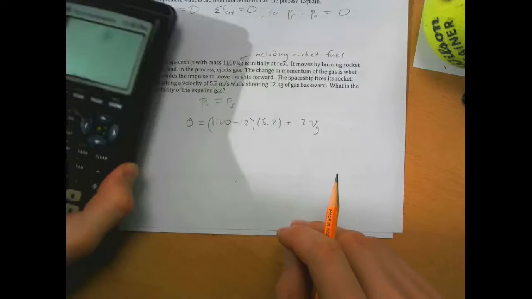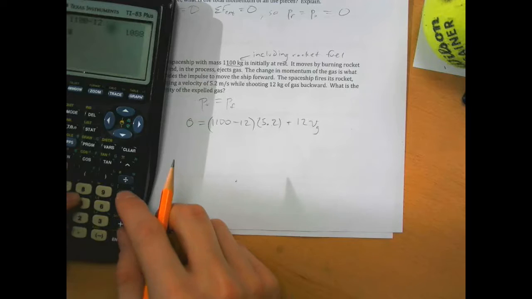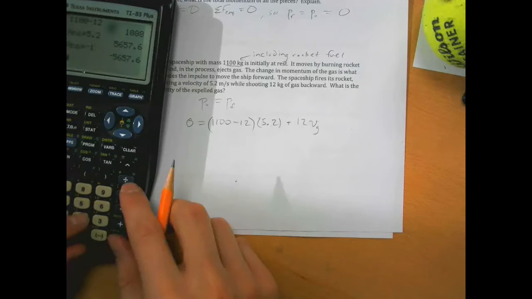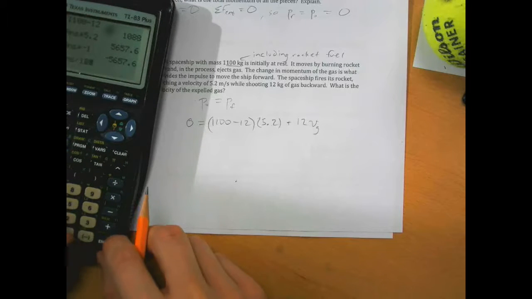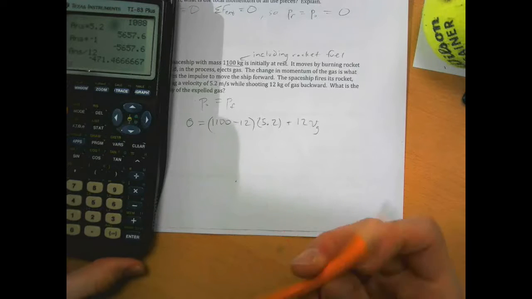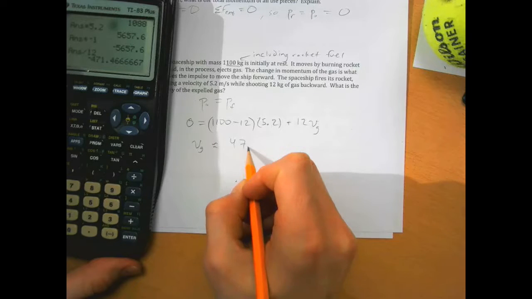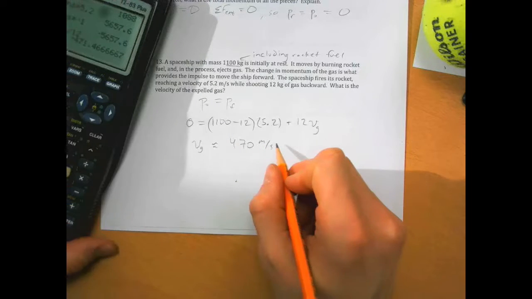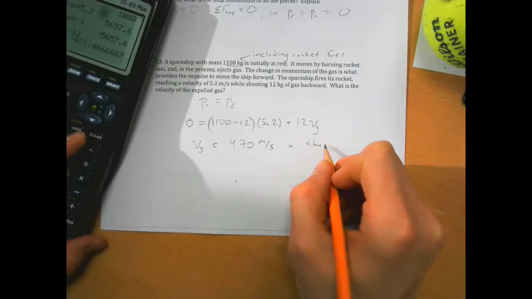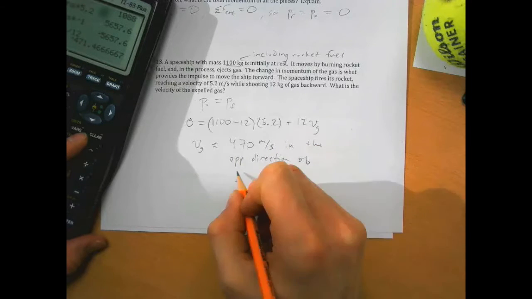So we can calculate the velocity of the gas: 1,100 minus 12 times 5.2, move that to the other side, divided by 12. And that will get us that the velocity of the gas is about 470 meters per second. I should have said magnitude, but in the opposite direction of the ship's motion.